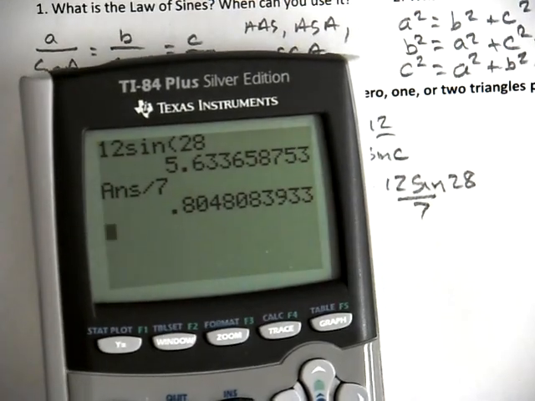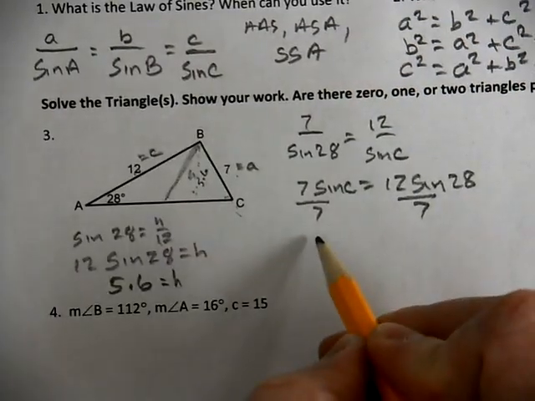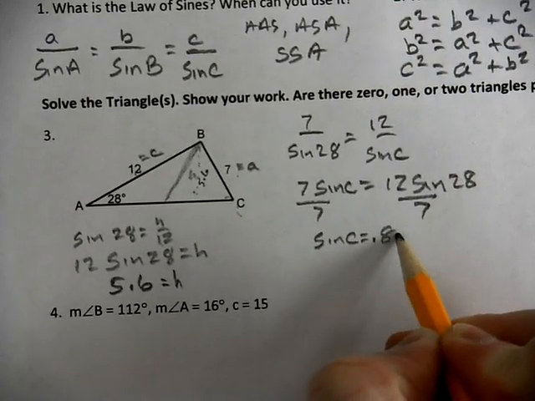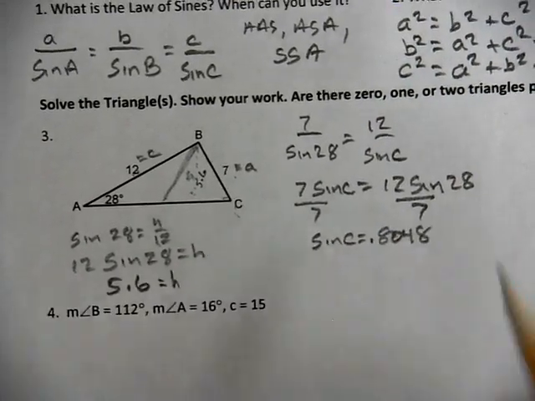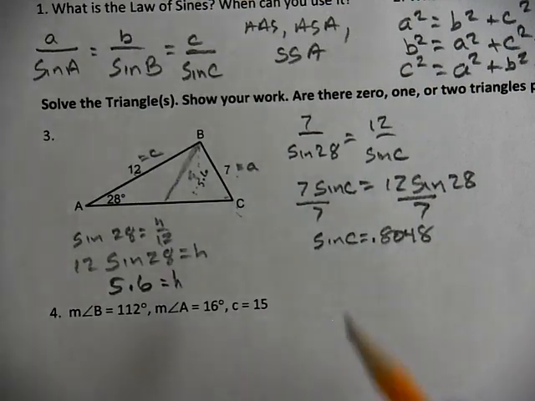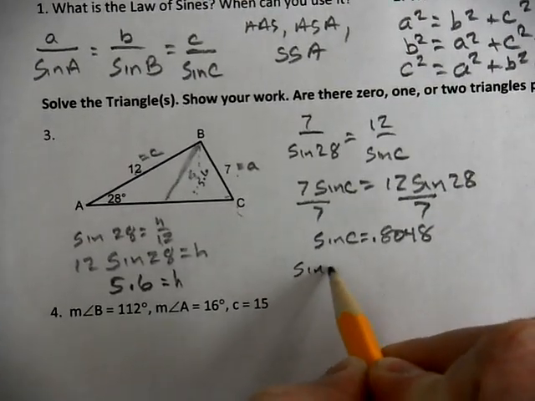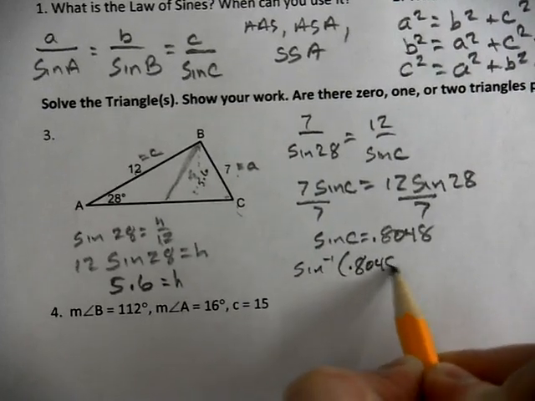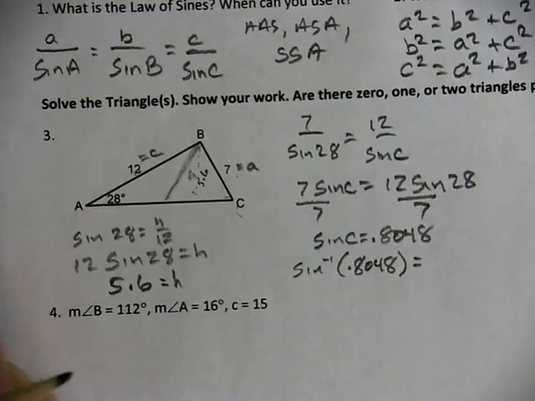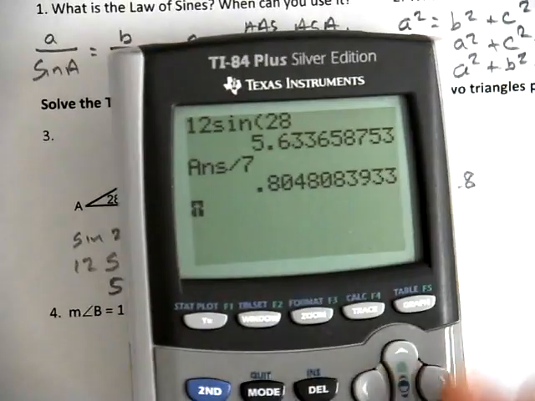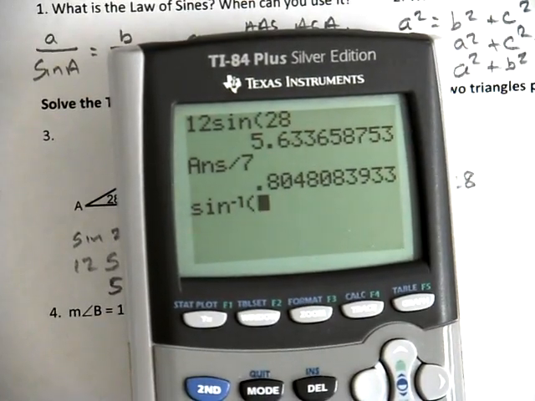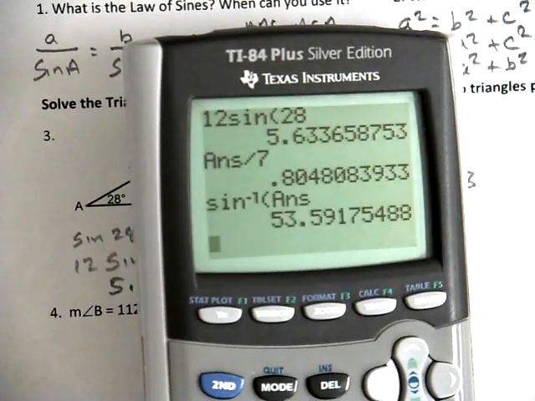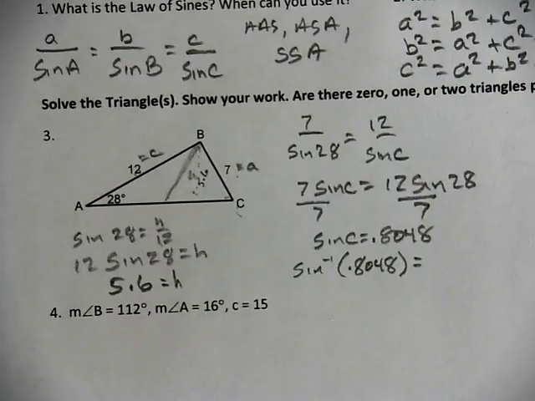We get 0.8048. So law of sines, sine inverse is going to give us a 53-degree angle.